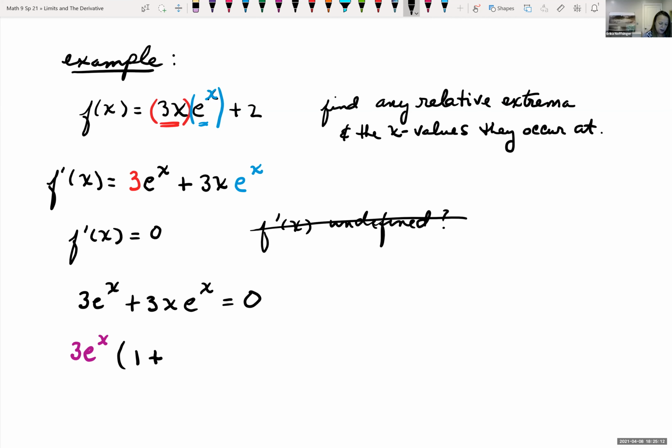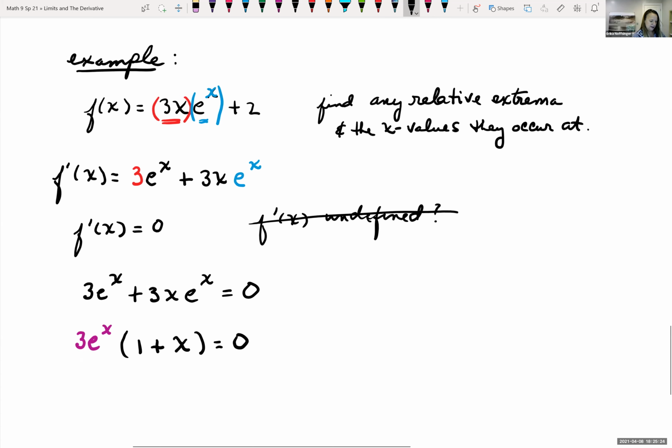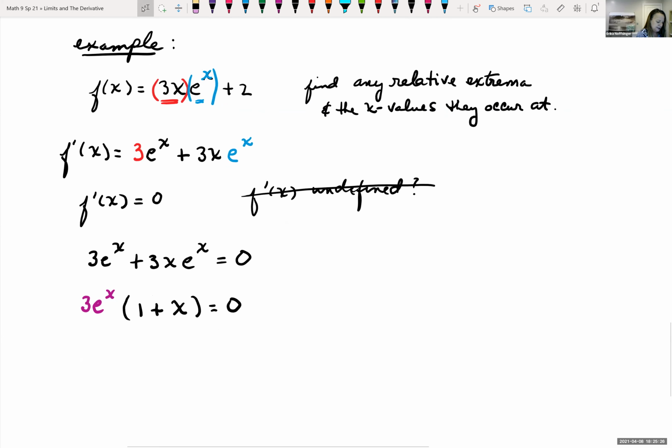Plus, if I pull out 3e to the x from the second grouping, the only thing I'm left with is a single x, equals 0. So we're looking at when each piece is 0. So 3e to the x equals 0, and when does 1 plus x equal 0?